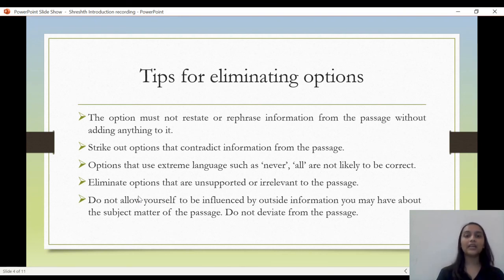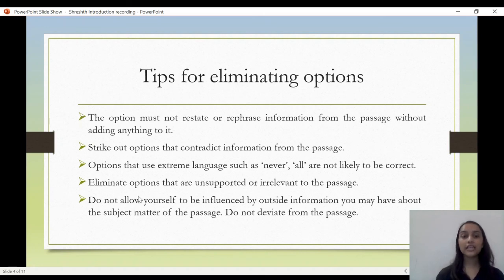An inference would bring in some new information on the basis of what is already there in the passage, right? The next is to strike out options that contradict information from the passage. So if the option is contradicting what is given in the passage, immediately strike it out.